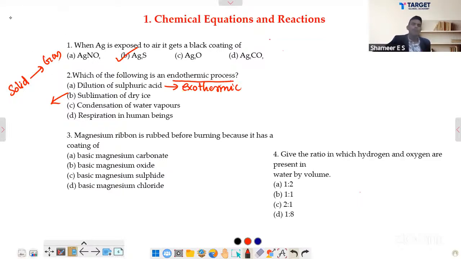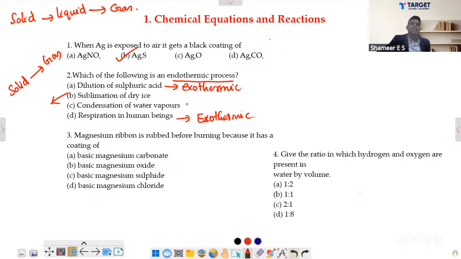So always think, if you are converting solid to liquid, that is endothermic. And liquid to gas is also endothermic because you are giving energy. Respiration in human beings is also exothermic. Due to respiration, energy is produced, energy is released.